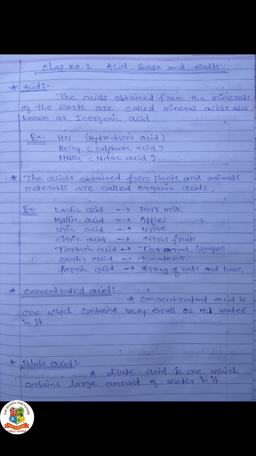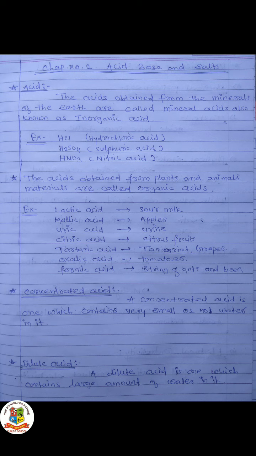Now, again, one thing comes: there are two types of acids. First one is inorganic acids and second one is organic acids. So what are inorganic acids? Inorganic acids are also known as mineral acids.